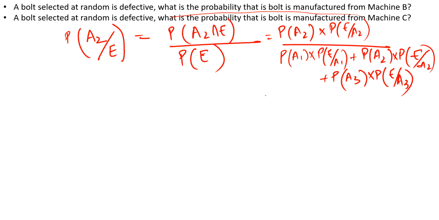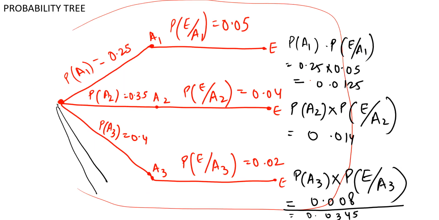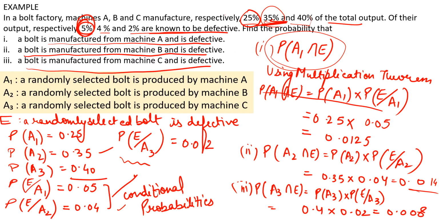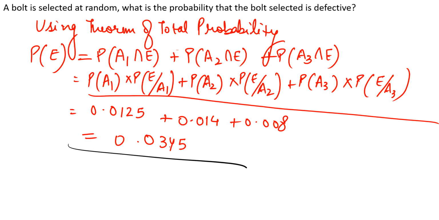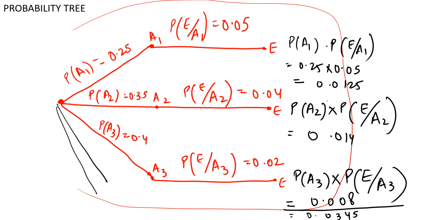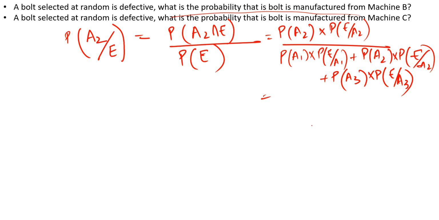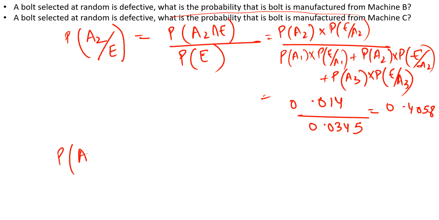By this we can simply make it out. We already have the figures, so we have 0.014 upon 0.0345, which is equal to 0.4058.